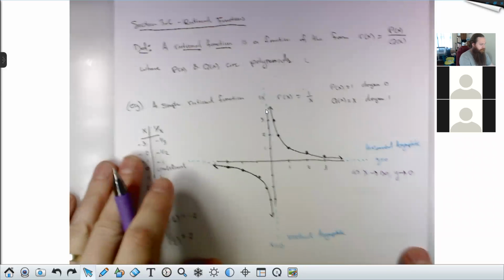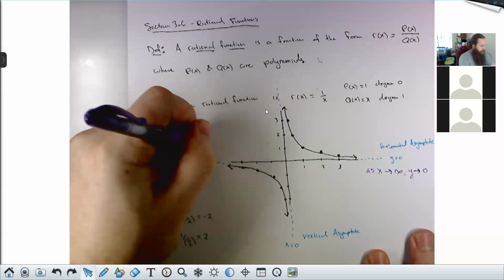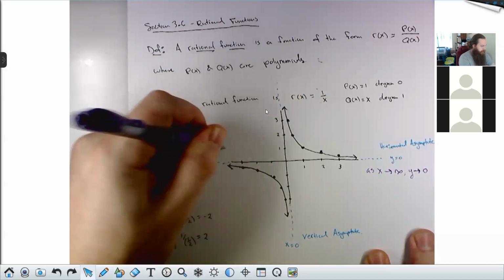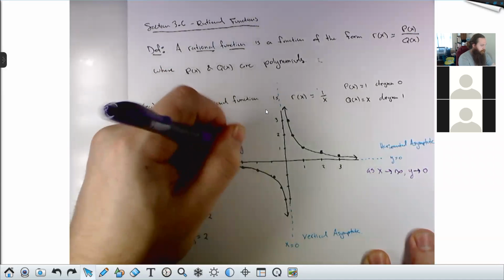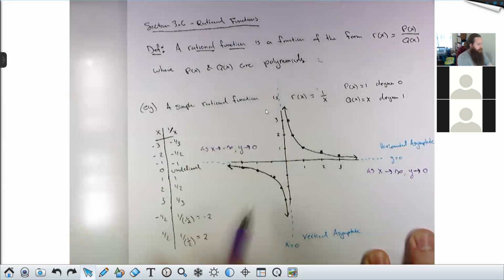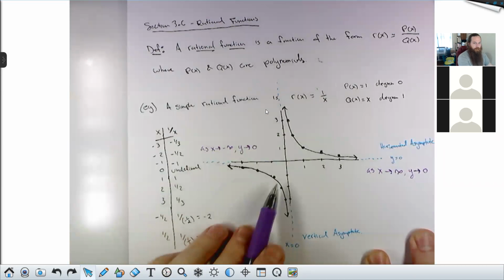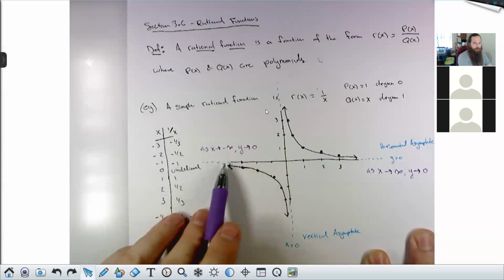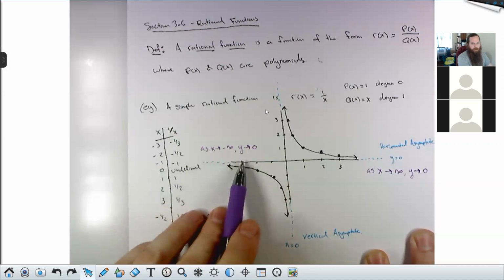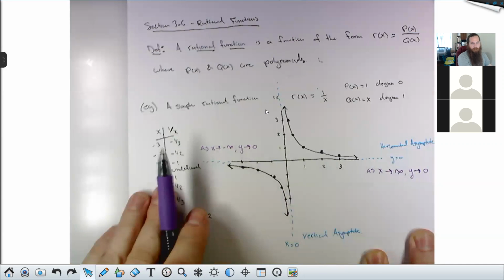And on the other side, we would say the same sort of thing. As x goes to negative infinity, y is going to 0 there. As I wander further and further to the left, this graph is getting closer and closer to this horizontal dashed line, which is the line y equals 0.